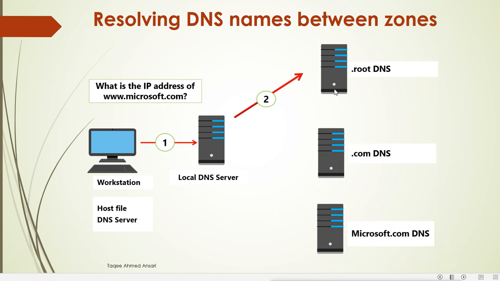So what do these root hint servers do? They check whether it is .com, .net, .org, .edu or .gov. Based on that, the root hint server will say to go to the closest .com, because in the domain name it is Microsoft.com.